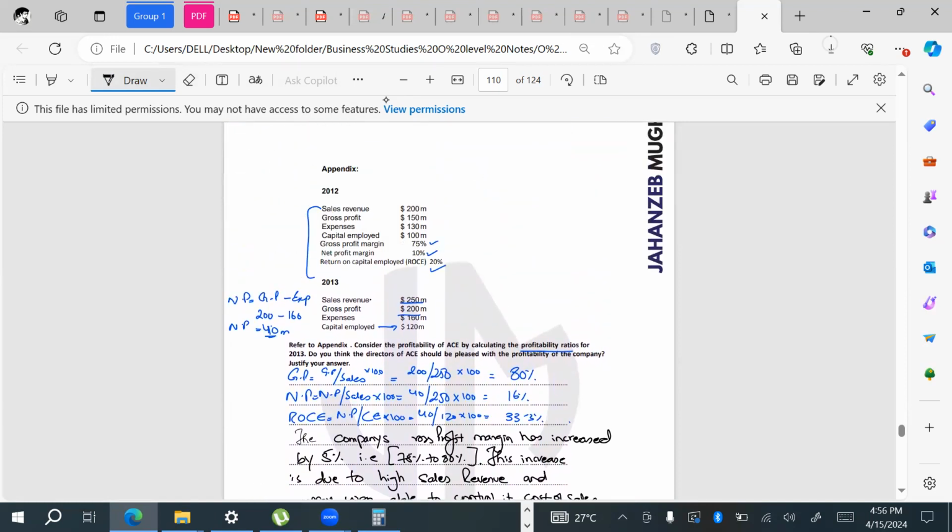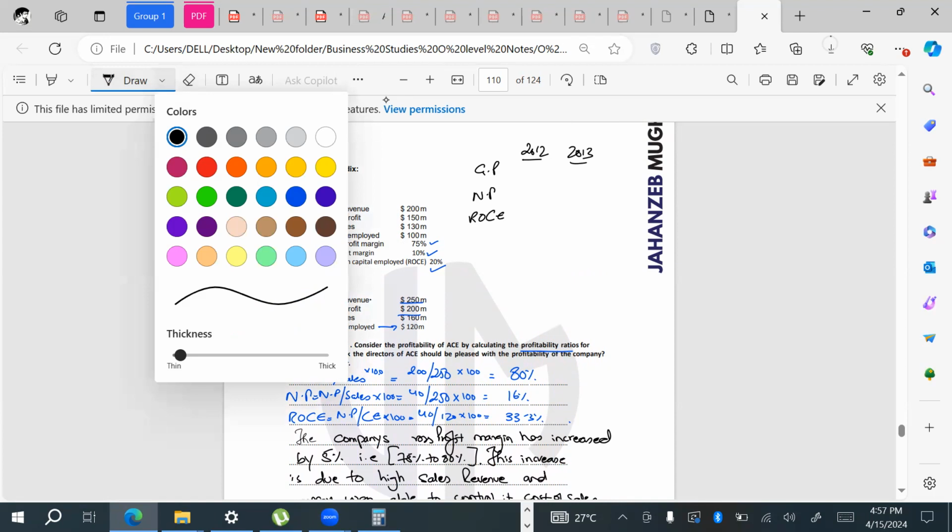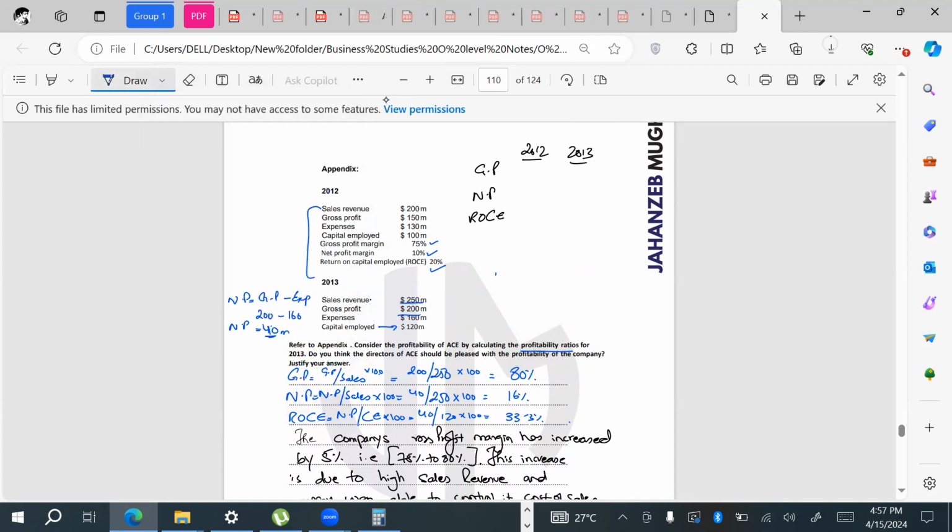Now, first of all, you have 2012 and then you have 2013, and you have a GP, you have a NP and you have a ROCE, right? So now in 2012 you had 75%, 10% and 20%, right? In 2013 you have 80%, 16% and 33.3%.